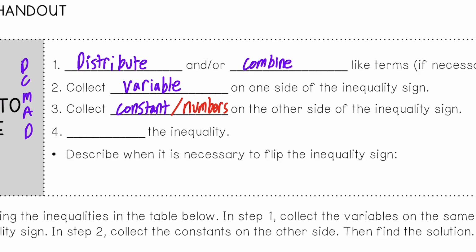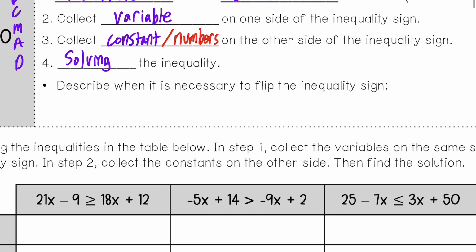And finally, the last thing is we most times are going to be dividing. However, this time we are going to be solving the inequality. Now, there is a rule when it comes to solving, mostly when we are multiplying or dividing, and that is sometimes we have to flip the sign.